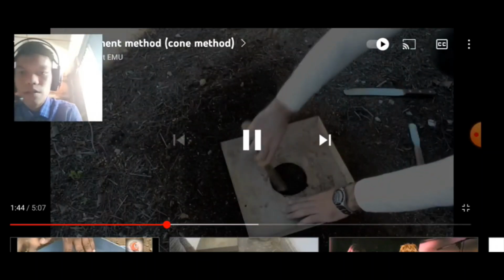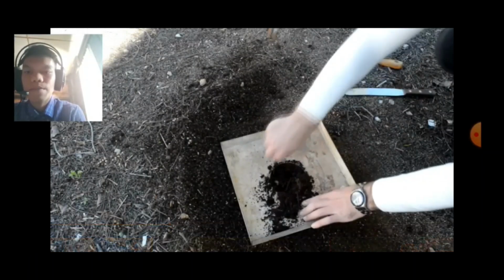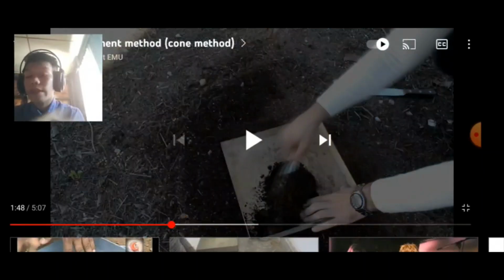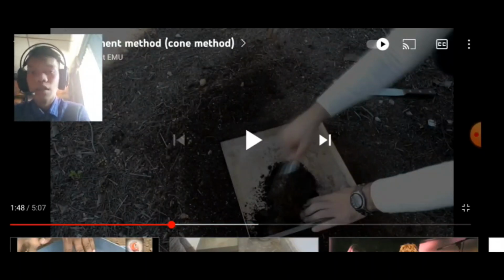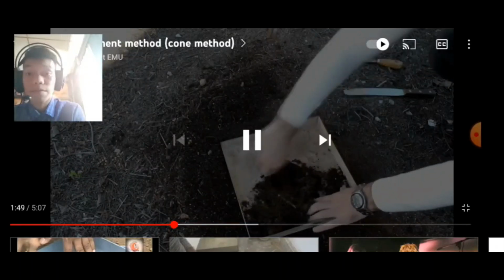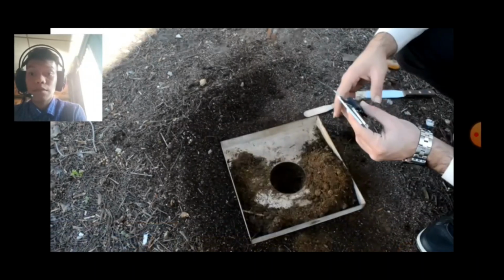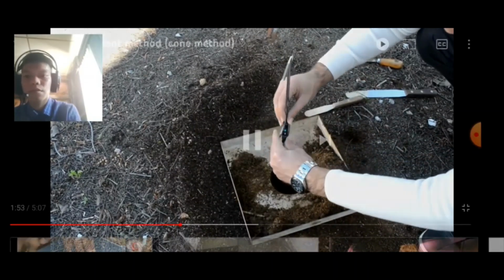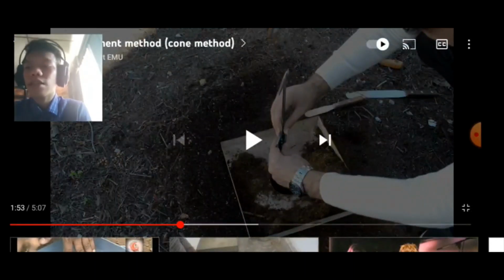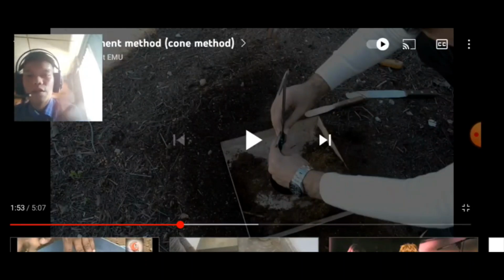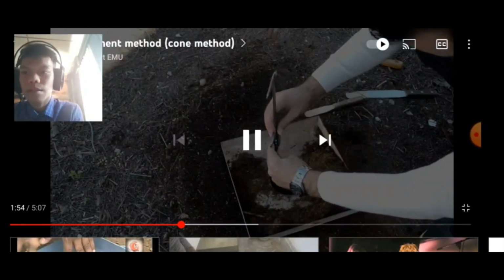Then excavate the soil with excavating material, such as any blade that we can use. We excavate until 15 centimeters for this soil.